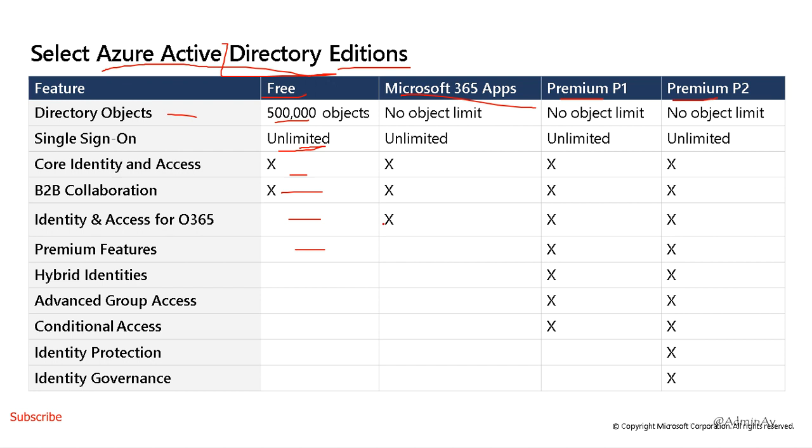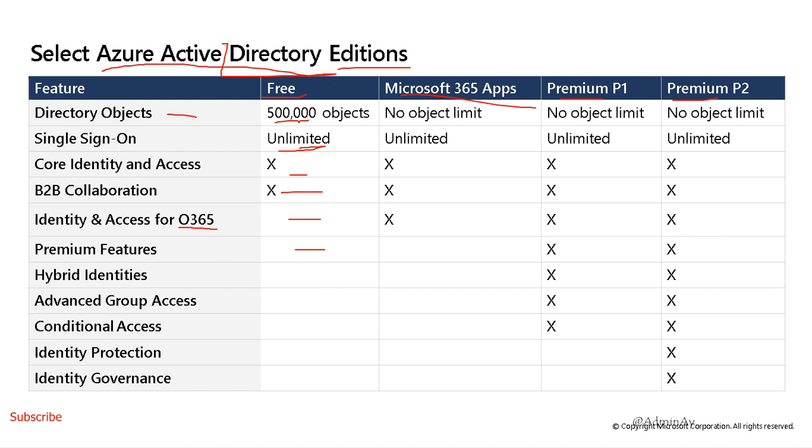So the trick here is that the Free edition has B2B collaboration and all other things above it, but Microsoft 365 apps has the O365, which is easy to learn: when you see 365 and 365, you can easily know that it has identity and access for 365. So that's the only thing that it uses to beat the Free, apart from the number of objects.